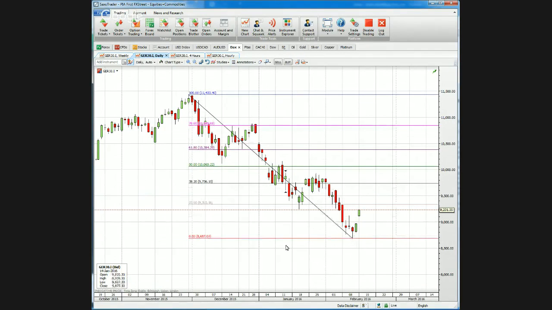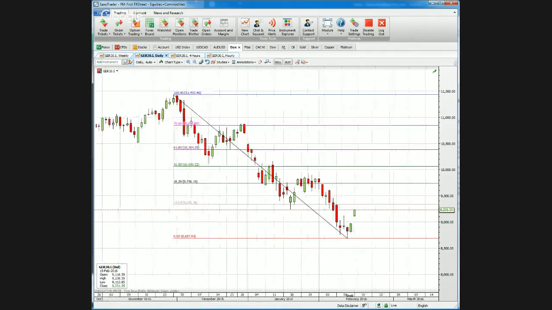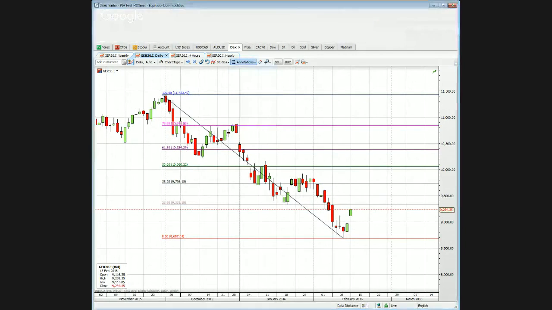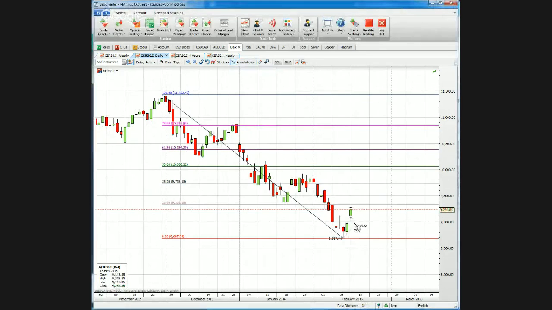The first real line in the sand, or target for this correction, would be around this area here, coinciding with the 38% retracement. So we've still got a little way to go. This could turn into a nice little correction, and it would only be a mild correction.